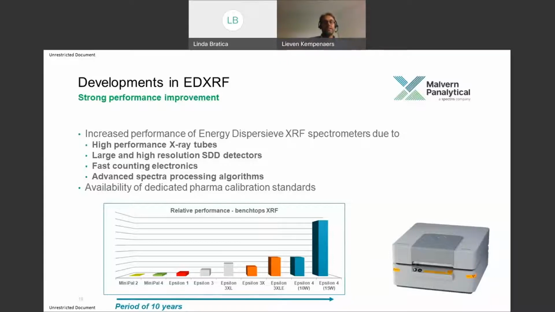All of that makes the instrument more advanced. And you can see over the years, the performance of the instruments that we produce is increasing rapidly. So now we are at the point that even a benchtop system can reach those very low limits, a few ppm of quantification limits for all those elements.